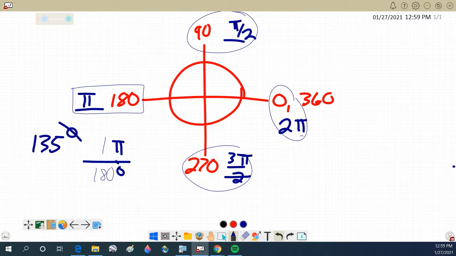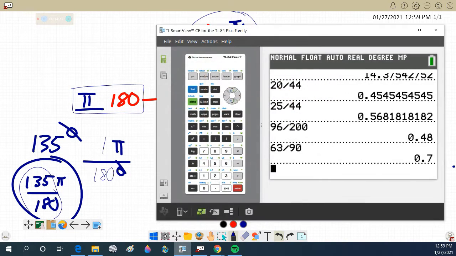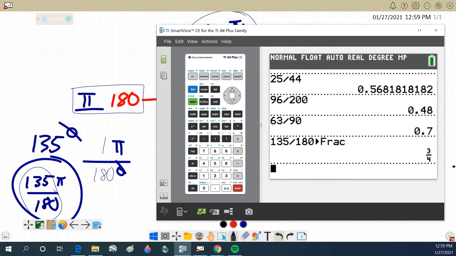And degrees cancel degrees, and I get 135 pi over 180. But if I stick that in my calculator, I'm going to get some terrible decimal that doesn't simplify. So instead, I'm just going to simplify this. In my calculator, 135 divided by 180, the fraction form is 3/4, so 3 pi over 4.